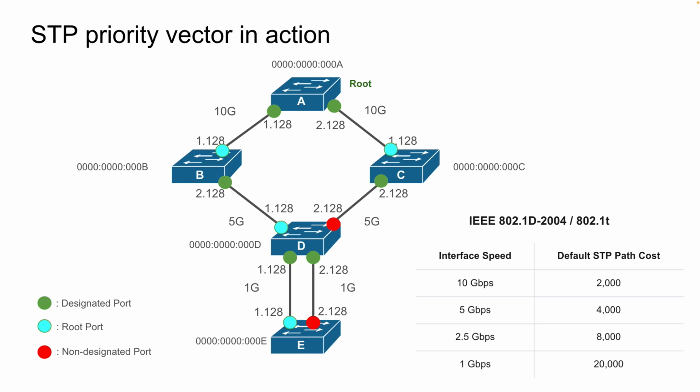Initially, in the whole switching domain, only the root bridge or switch generates and sends out configuration BPDUs, and all other switches receive those BPDUs, recalculate the values except for the value of root ID, and send out the updated configuration BPDUs in the so-called message priority vector. The message priority vector is the same ordered set of values: root ID, root path cost, bridge ID, port ID, with the bridge ID and port ID of the sending side.